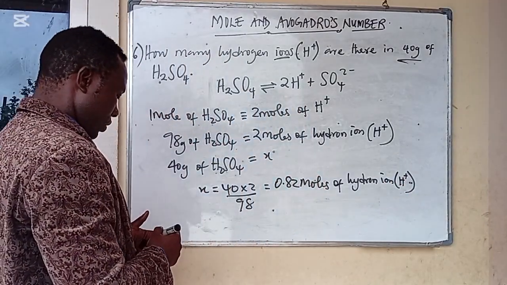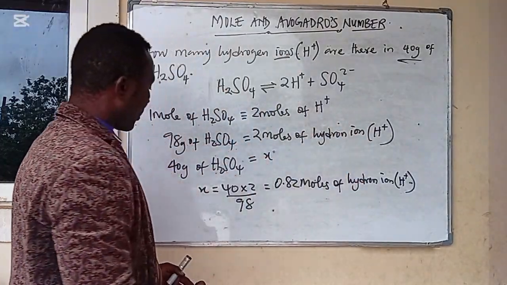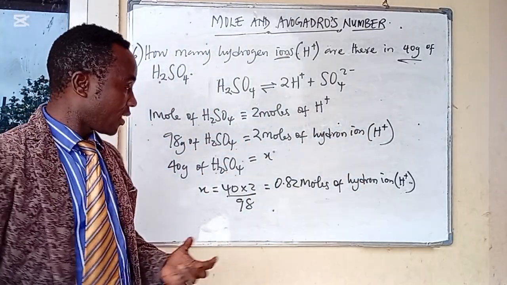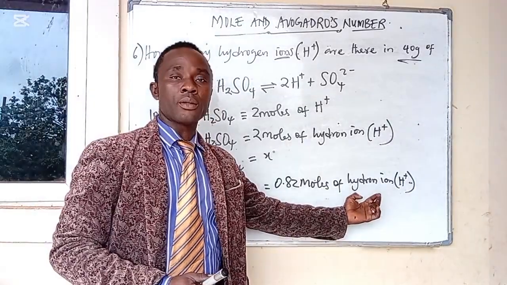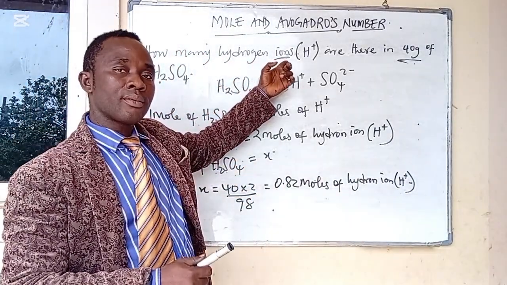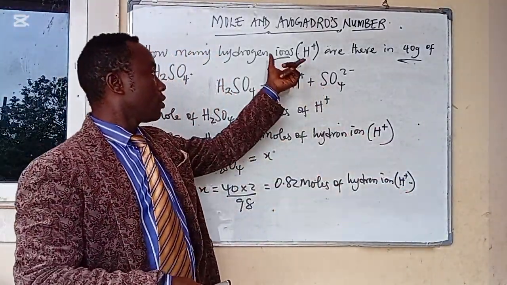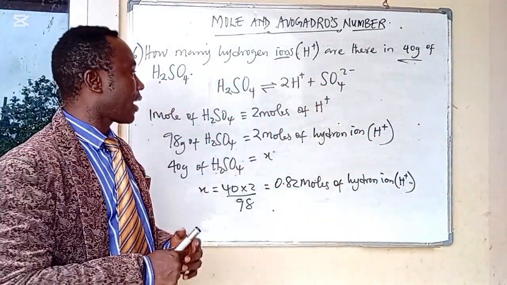But if you look, it is not moles of hydrogen ion that they say we should find. We are asked to find hydrogen ions. So we have to convert from moles of hydrogen ion to ordinary hydrogen ion.